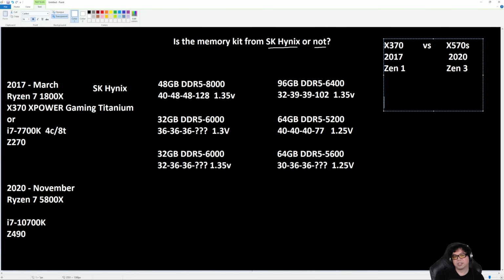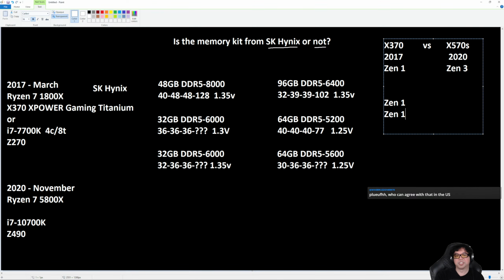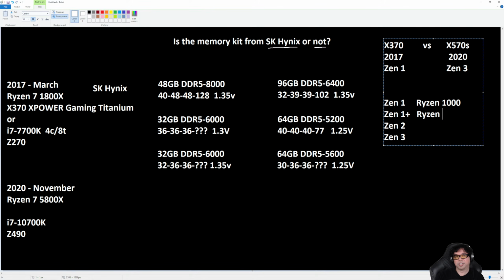Now, in that time, AMD had Zen 1, Zen 1 Plus, they called it Zen Plus. Well, we'll just say Zen 1 Plus. Zen 2, Zen 3. So there's literally like 4 different product lines. You had the Ryzen 1000 series, Ryzen 2000 series, which was Zen Plus.